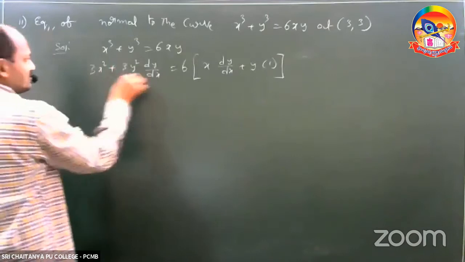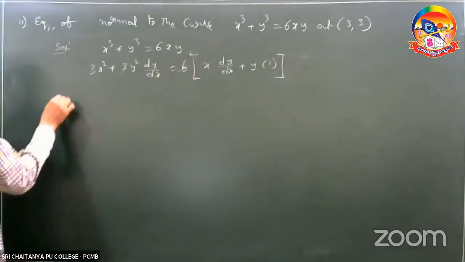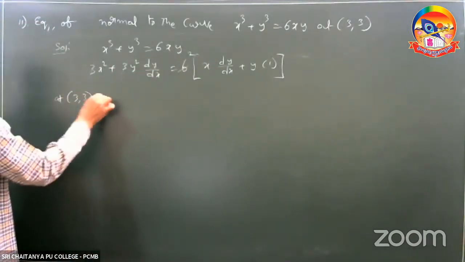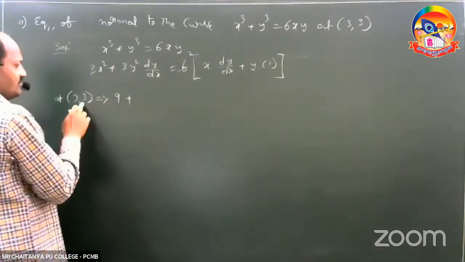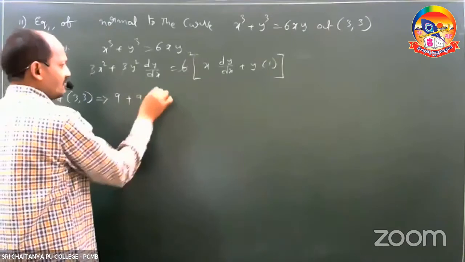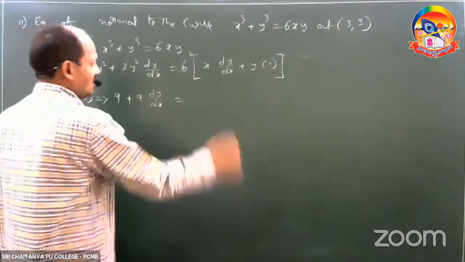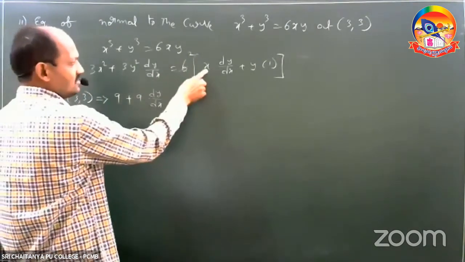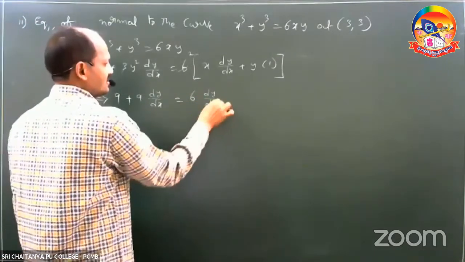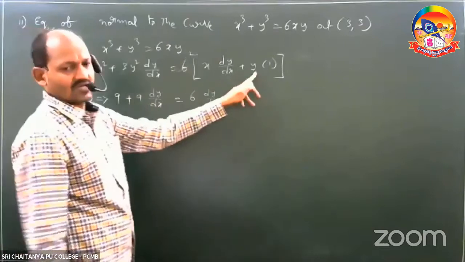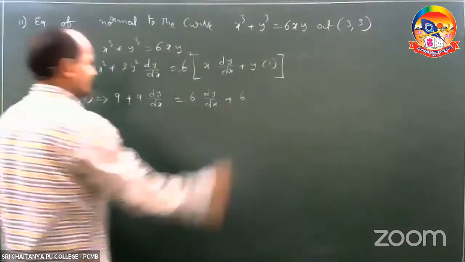Remove the 3, so 3 square. At 3, 3, x square is 3 square, 9. y square is also 3 square, 9. So 9 dy by dx is equal to 2 into 3, the x value, 3. It is 6 dy by dx plus 2 into again 3, that is 6.